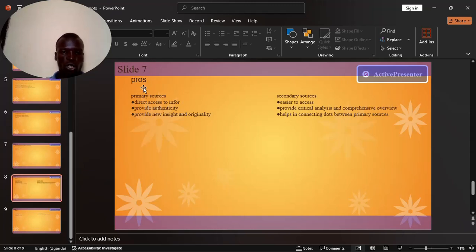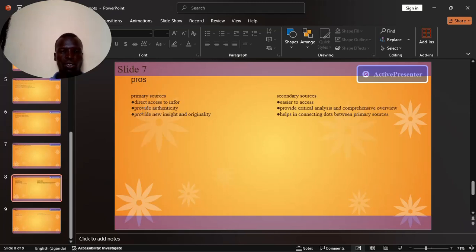One pro of these primary sources is that it's direct. It gives you direct access to the information. For example, when we compare with a laboratory report, the doctor will just refer directly to the experimental result. So there's no other interpretation for it.